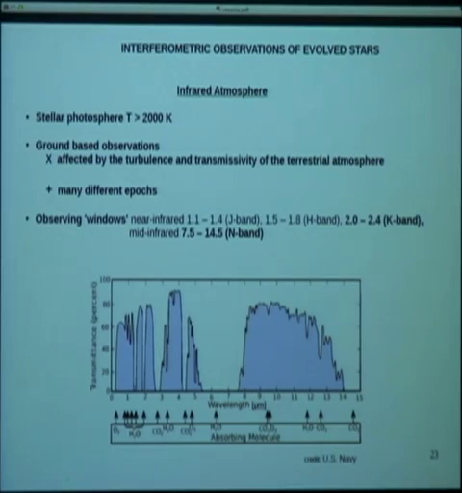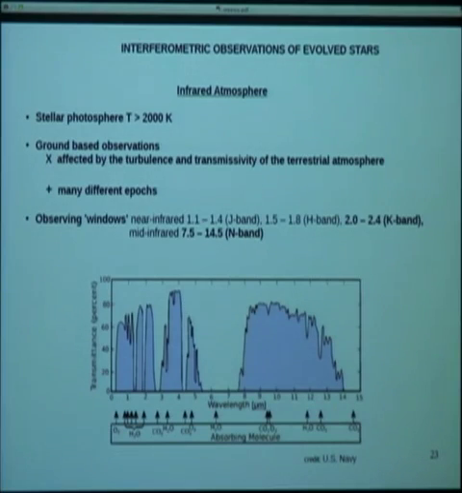There are, of course, observing windows, and you can see here the transmittance versus wavelength. In the near infrared, we have the J band between 1.1 and 1.4 microns, the H band between 1.5 and 1.8, and the K band between 2.0 and 2.4. In the mid infrared, we have the N band, quite large, from 7.5 to 14.5.